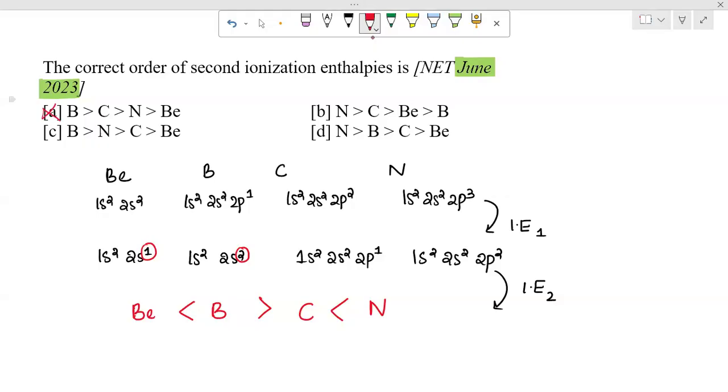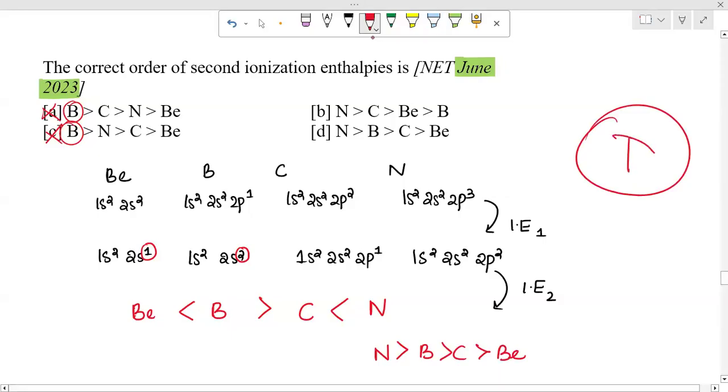So it's not A or B. See here, boron is kept in the front. No. Nitrogen, which is having the highest, will come here. Correct. Then comes boron. Then carbon and beryllium. Option D is the correct answer. Option D.